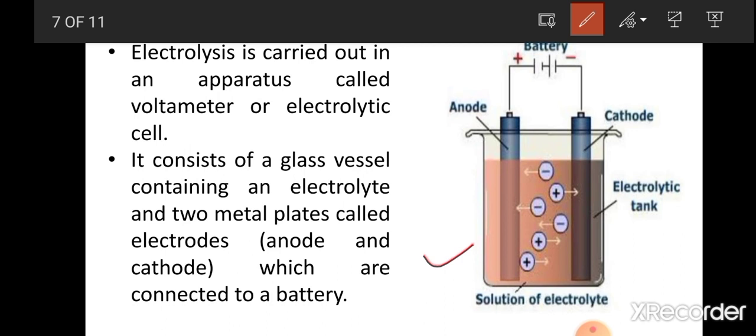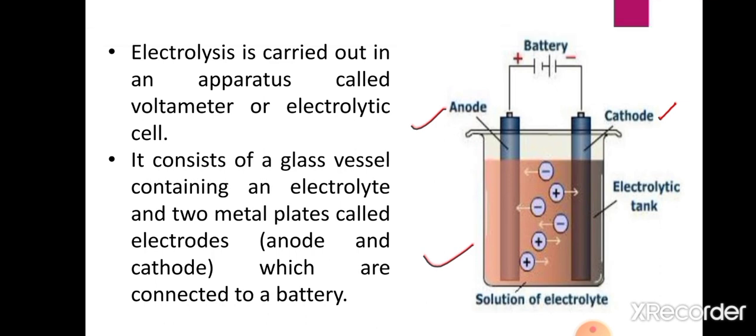This is the electrolyte, and here are two metal plates, called electrodes. One is attached to the positive terminal of the battery, which is called the anode, and the other is attached to the negative terminal of the battery, which is called the cathode. So this is the diagram of an electrolytic cell.